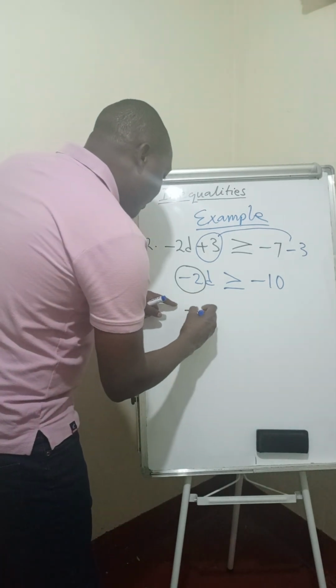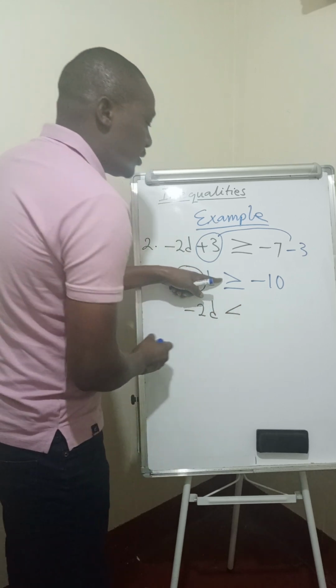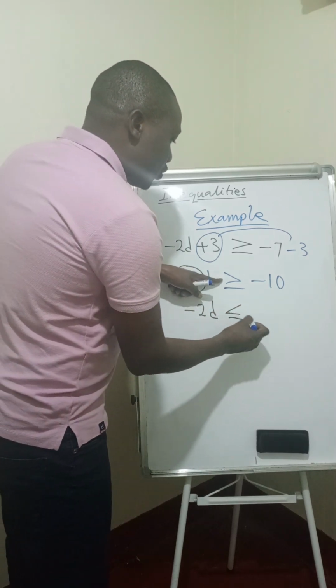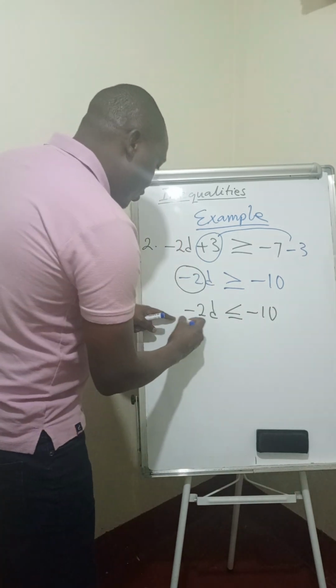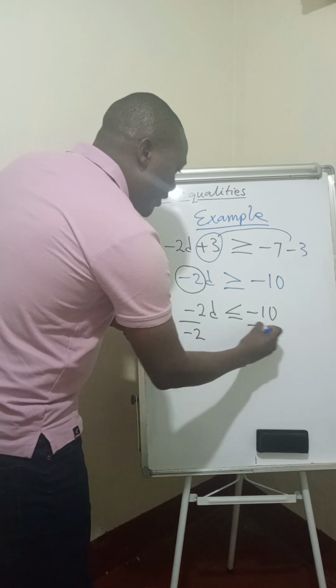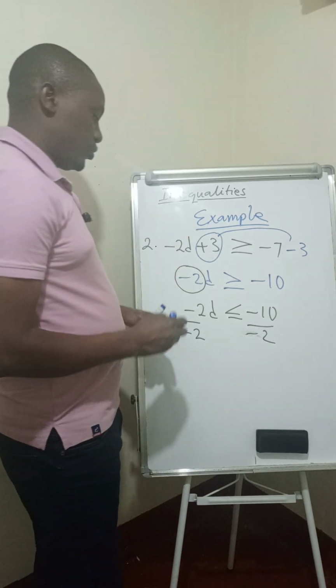This is what we are going to have. Negative 2d, change this one to now be less than or equal to negative 10. And now do your division by the negative number, which is negative 2.